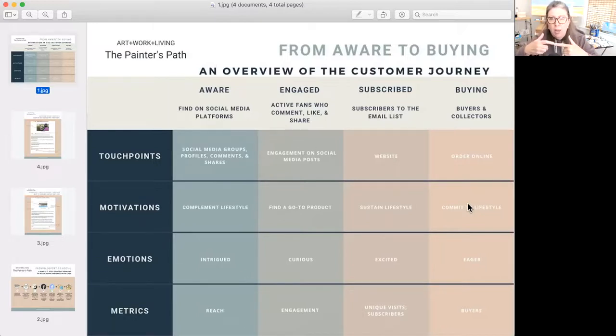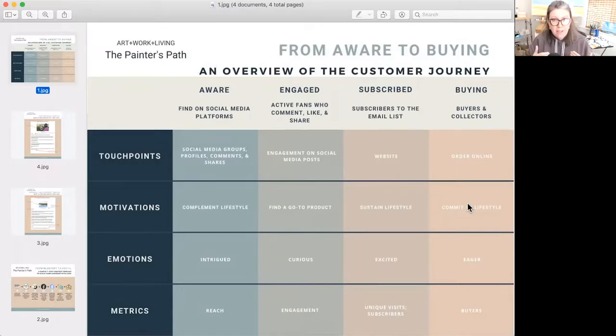They become aware of who you are and what you do. They become intrigued. And we're going to talk about how you can create content that attracts them because of complementary lifestyles. That complementary lifestyles is key to creating content that attracts your ideal collector.